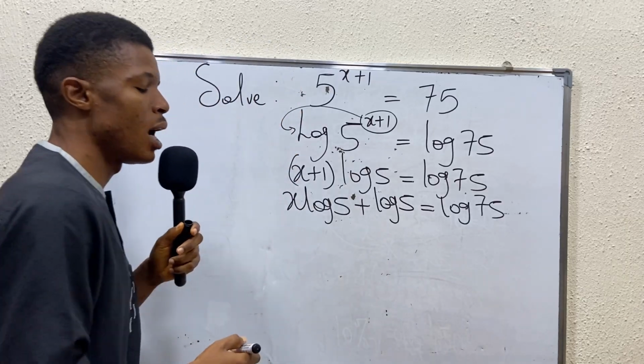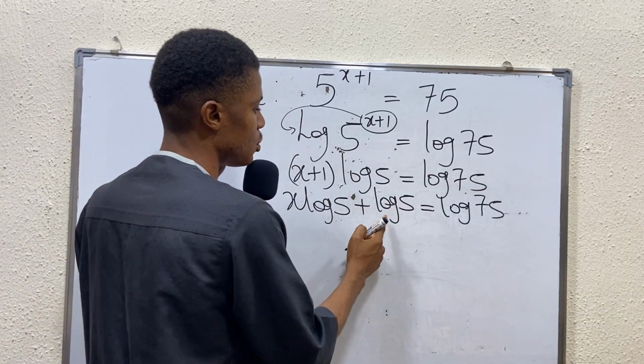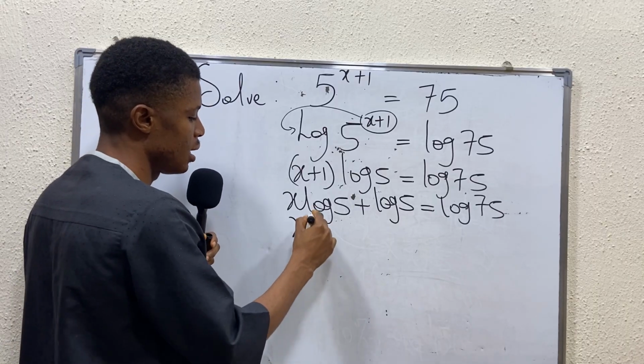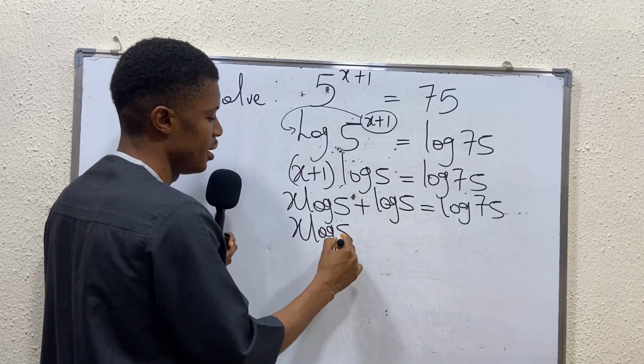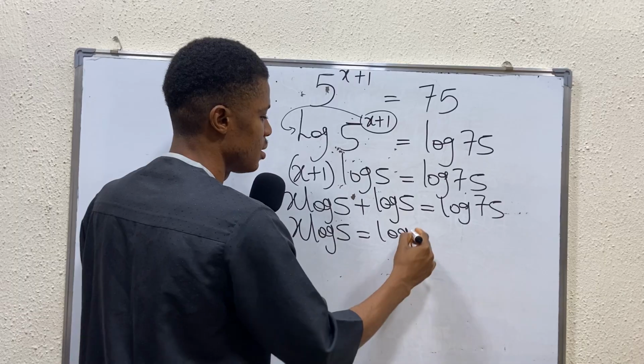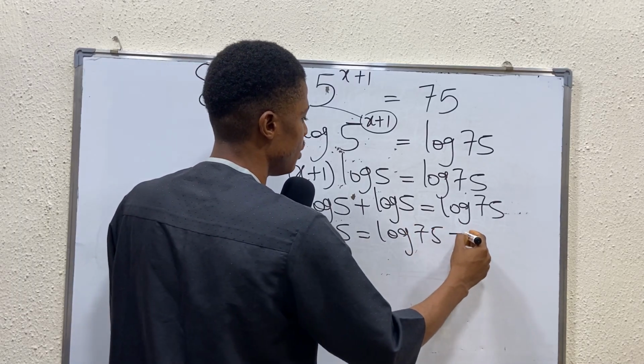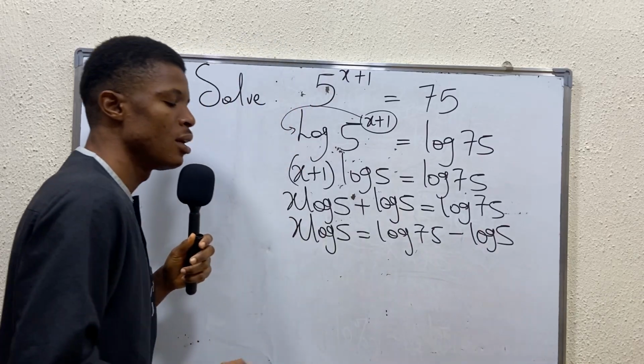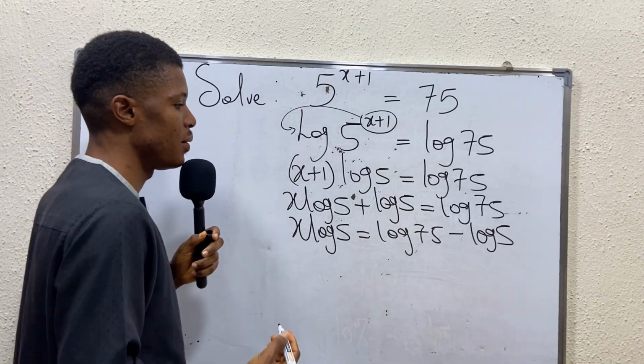At this point, you see that we can subtract log 5 from both sides. So we have x log 5 is equal to log 75 minus log 5. Now this is very simple.